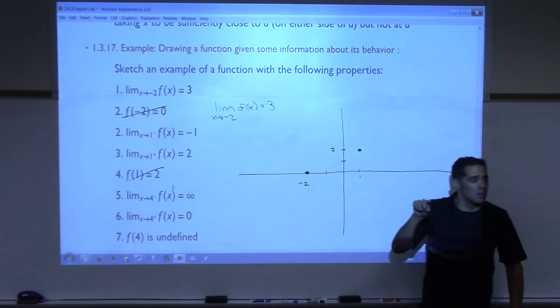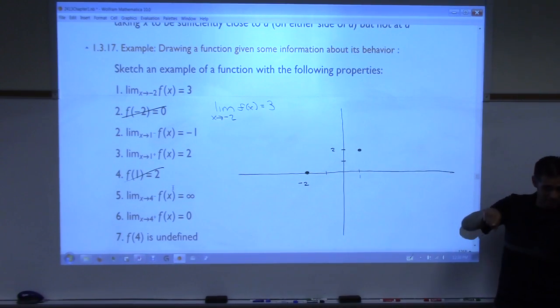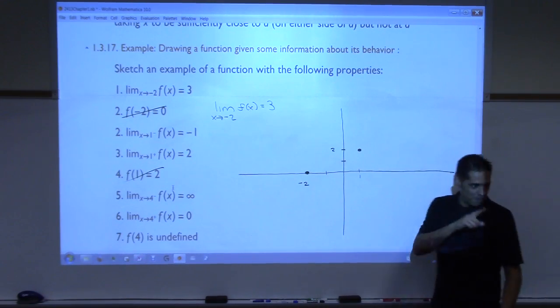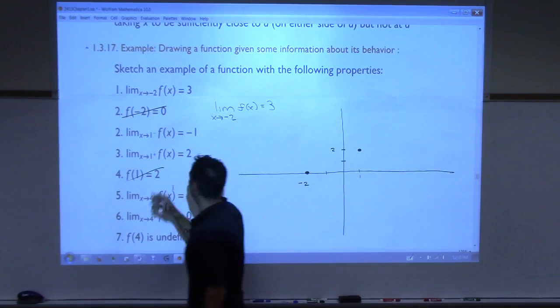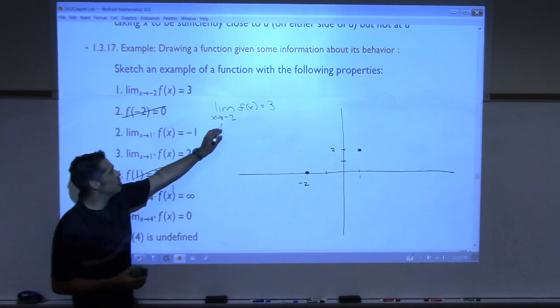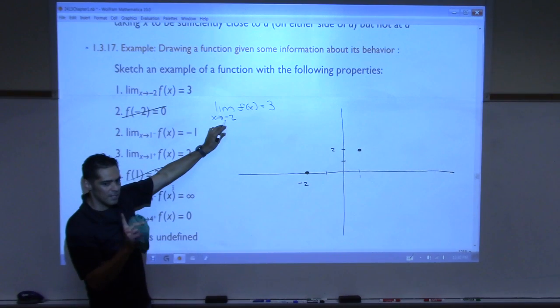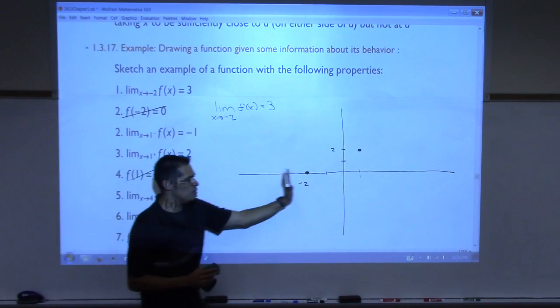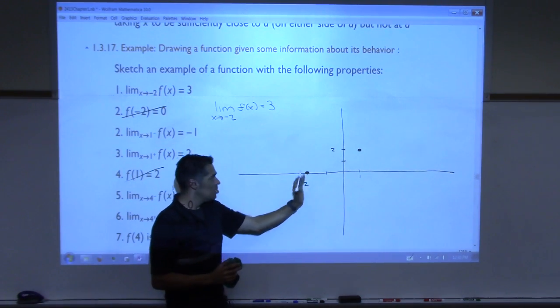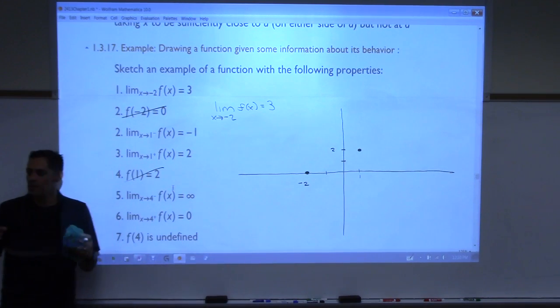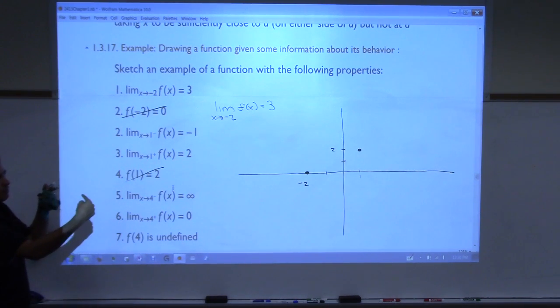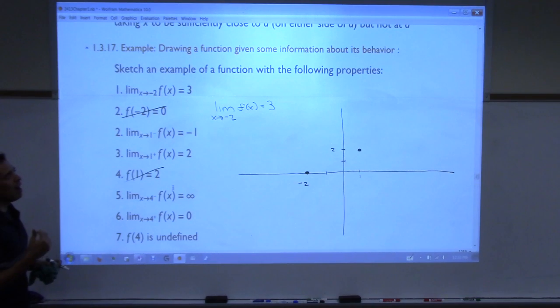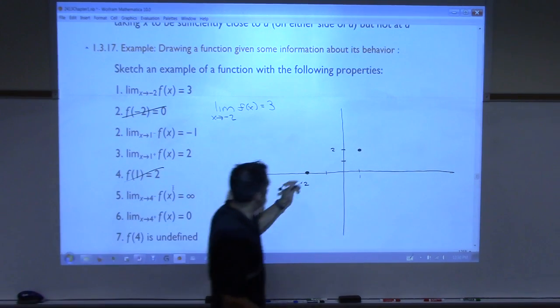Do you see a plus or a minus on the top right corner? No. So it's both. And that always gets people, they think this negative has something to do with the plus or minus left or right side. That's not it. It's -2. That's where you're approaching, right? So I need to draw something so that when I approach -2 from both the left and right, my y value is where? Up at 3. So watch the way I do this.